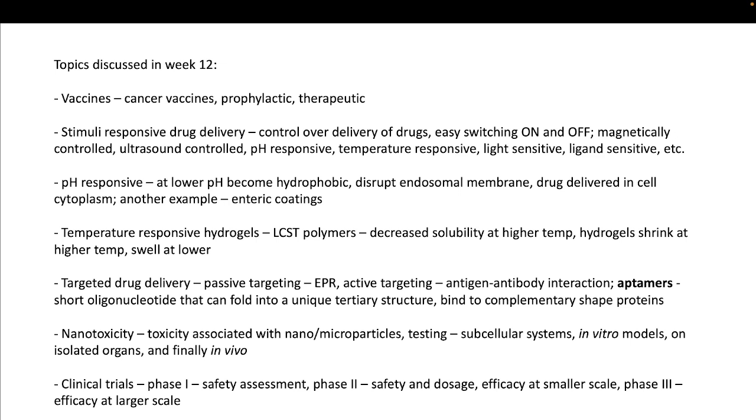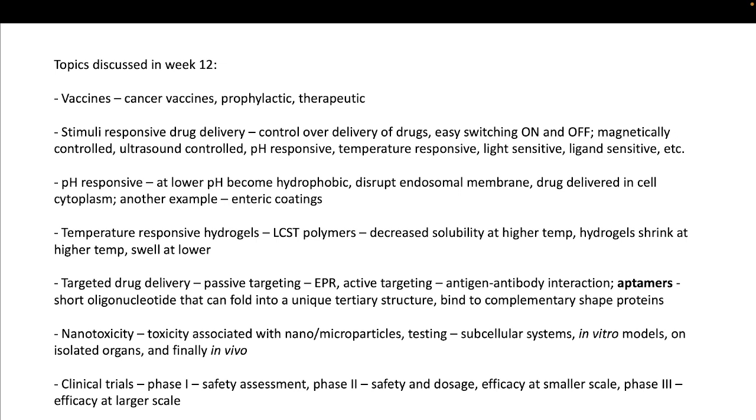It does not have any organization in the blood vessels that are going towards the tumor. So since these are leaky blood vessels, whatever cargo you're delivering, let's say you have made a nanoparticle to target the tumor, these nanoparticles will then escape from this blood vessel and enter into the tissue. So that is one example of passive targeting, where you're taking advantage of this tumor architecture to deliver your drugs.